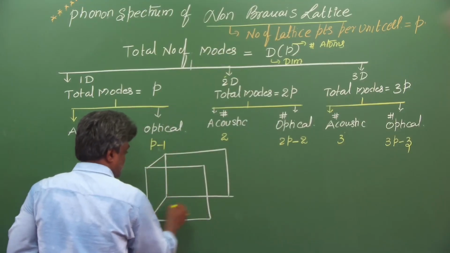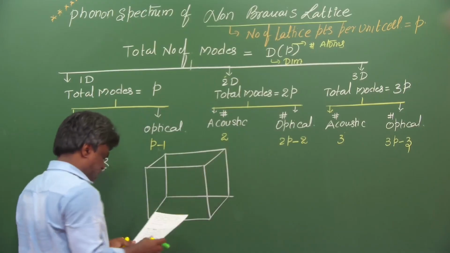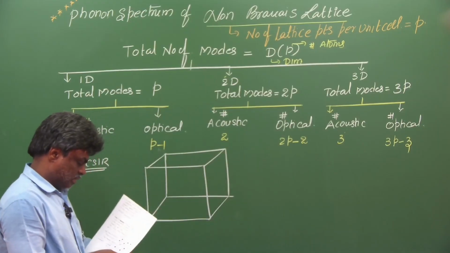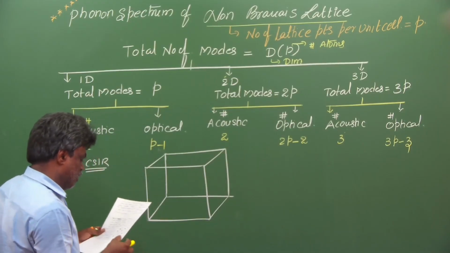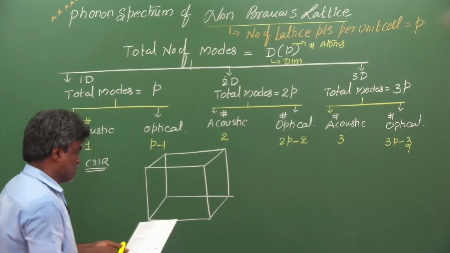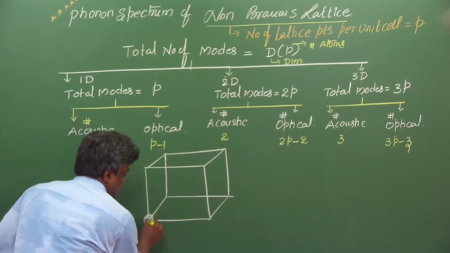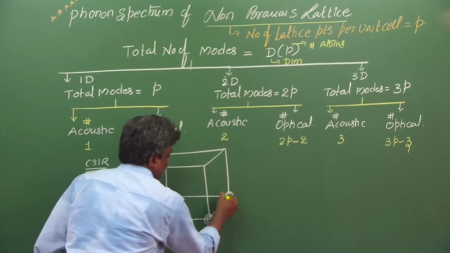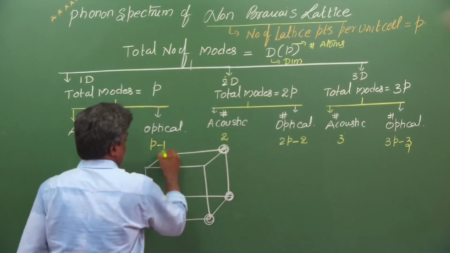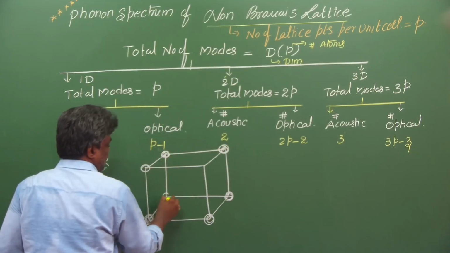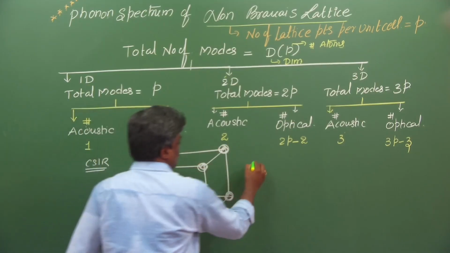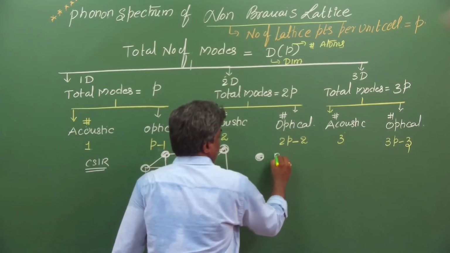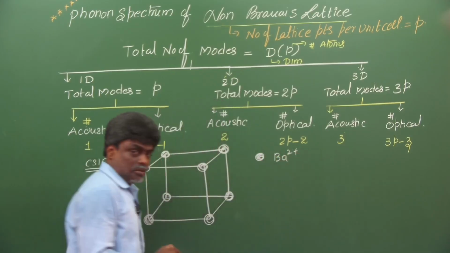They have given this cubical structure, and what they mentioned is that at the 8 corners they have Ba2+ atoms.